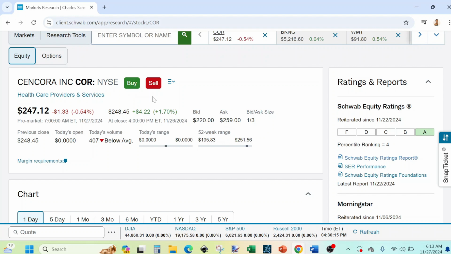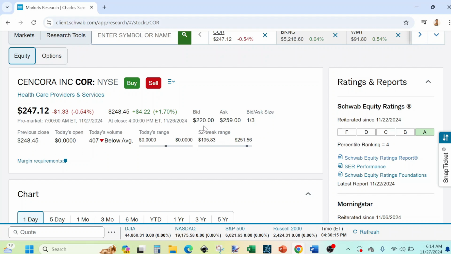Because we use Charles Schwab for our investment, I went in the account, went to the trade or research page, put that COR symbol in, and you can see here the price at closing yesterday was 248.45, but there is pre-market.